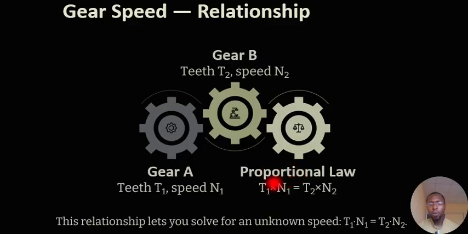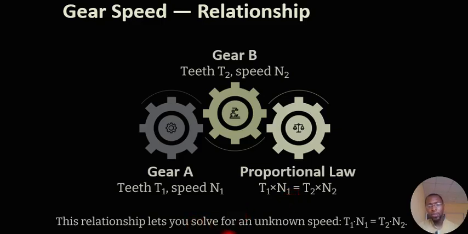By proportional law, the formula to compare the gear speed is this: T1 times N1 equals T2 times N2. That is, the number of teeth of gear A times the speed of gear A equals the number of teeth of gear B times the speed of gear B. Okay, that's it. So this is what we use.